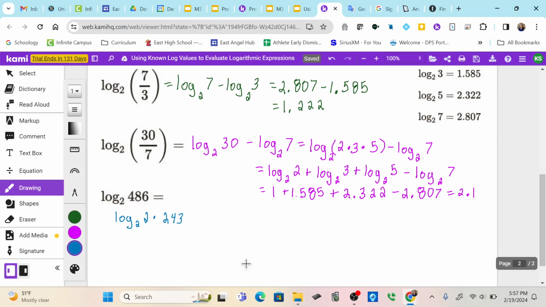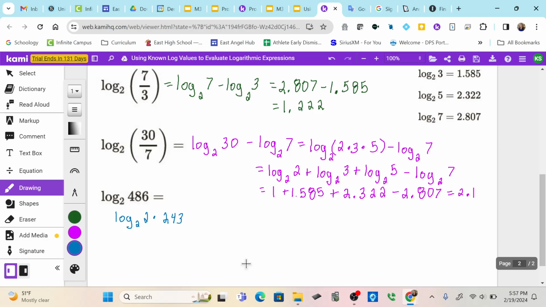I'm going to check something. I think that might be a power of 7. So 7 to the third is 343. Does 243 divide by 7? Not evenly. How many times does 243 divide by 3?